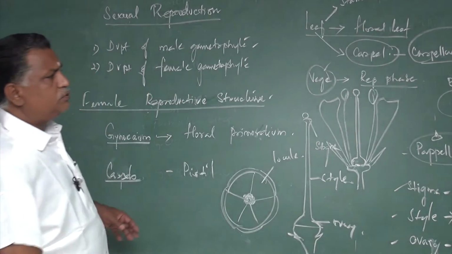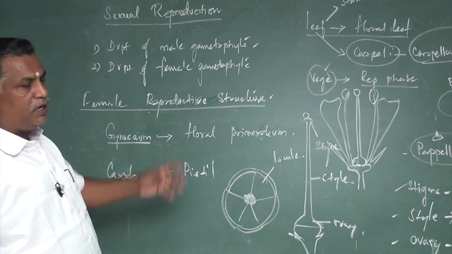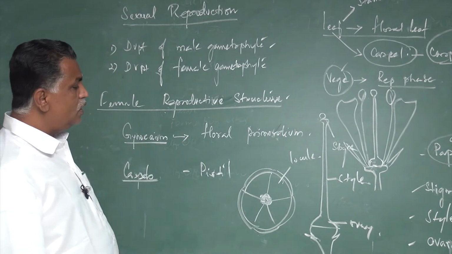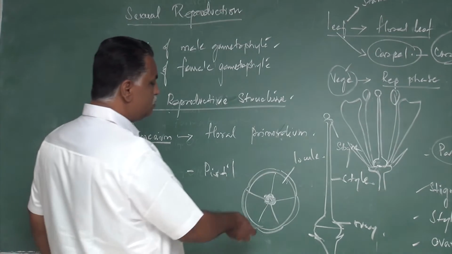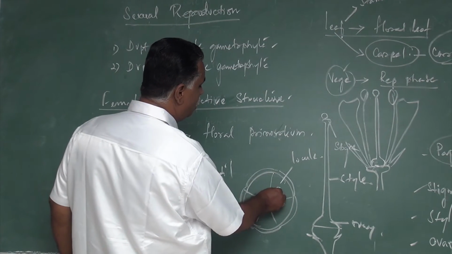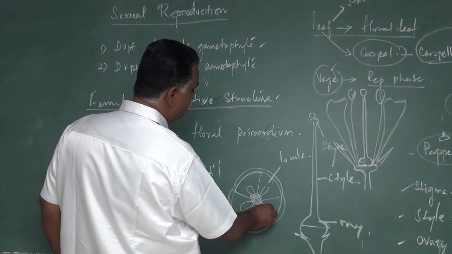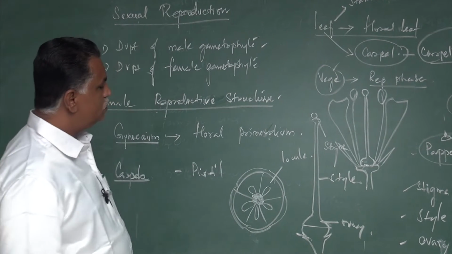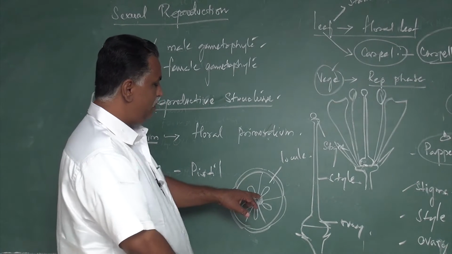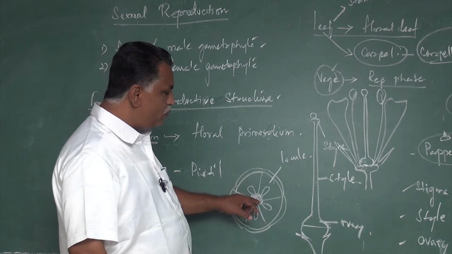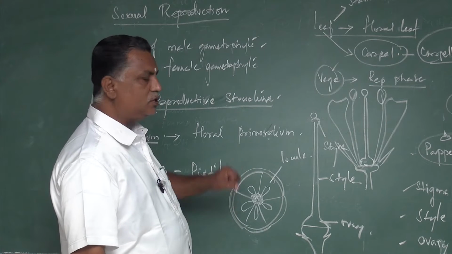So the number of locules may be 1, 2, 3, 4, 5 or many depending upon the species. Locule is the actual place where the ovules are attached. Ovules are attached to the placenta.